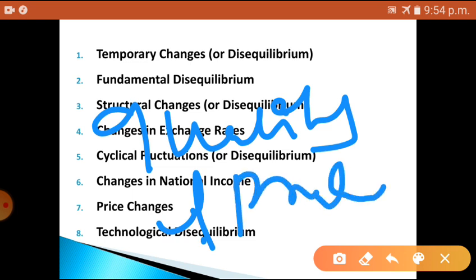If you shift to another technology for production of products, cost will change, prices will change, and the quality of products will also change.